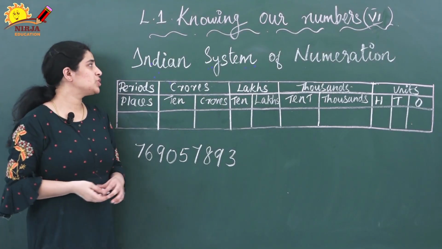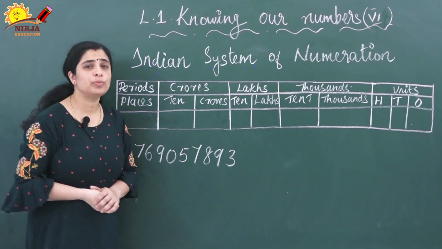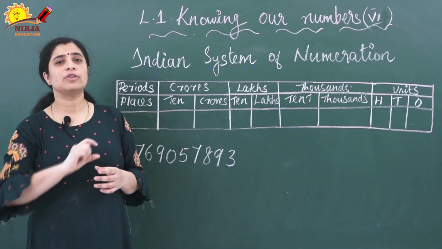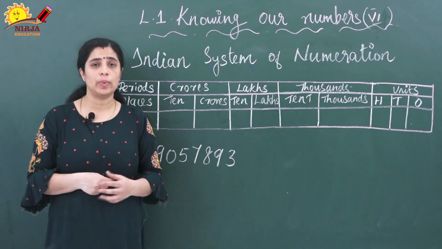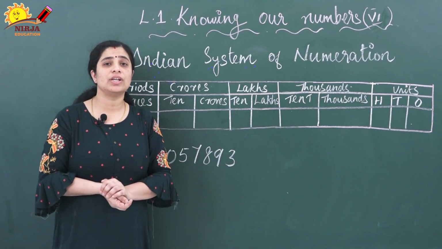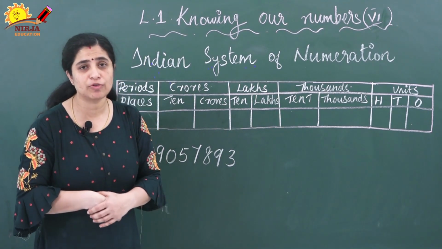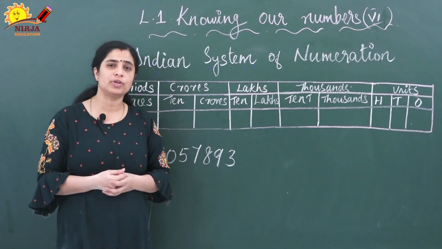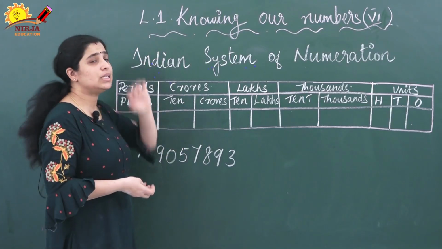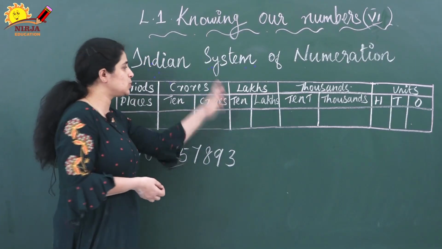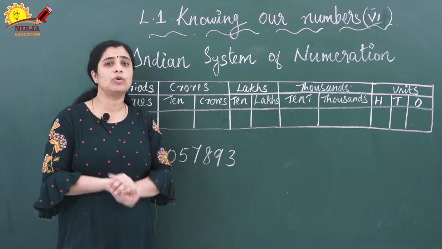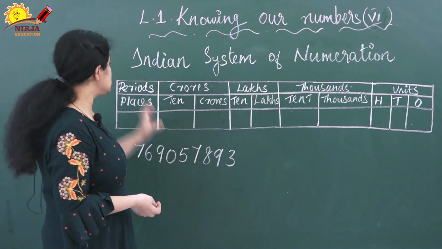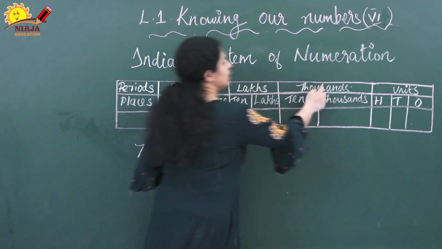Next we are going to see the Indian system of numeration. For reading and writing numbers, we have two systems of numeration, one is the Indian system of numeration and the other is the International system of numeration. First we will see the Indian system of numeration. This is the system we are using in India. In this, there are what are known as periods.